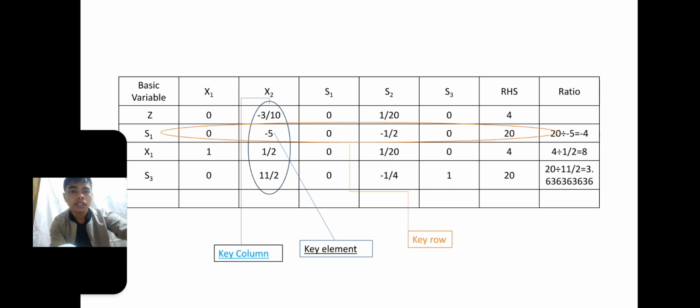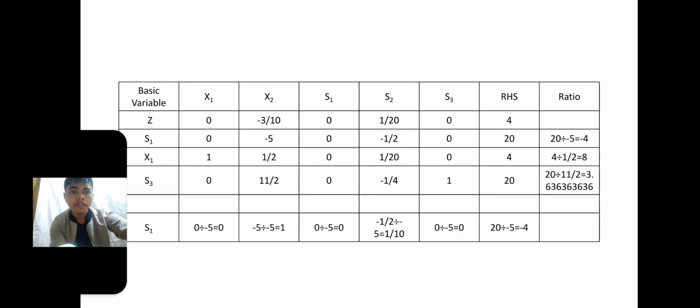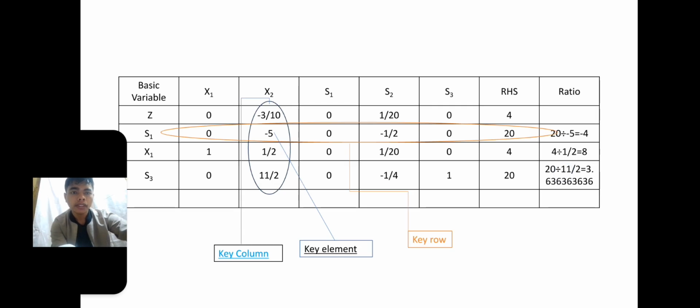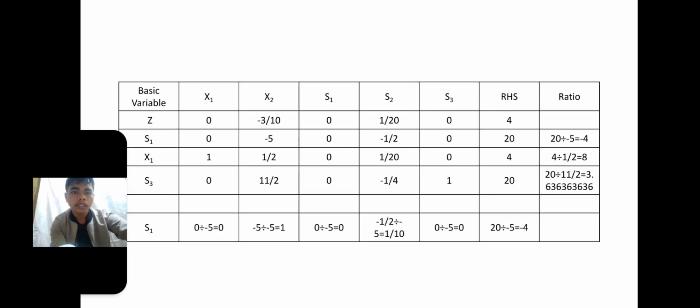So 0 divided by negative 5 is equal to 0, and negative 5 divided by negative 5 is equal to positive 1, and 0 divided by negative 5 is equal to 0, and negative 1 half divided by negative 5 is equal to 1 over 10, and 0 divided by negative 5 is equal to 0, and 20 divided by negative 5 is equal to negative 4.